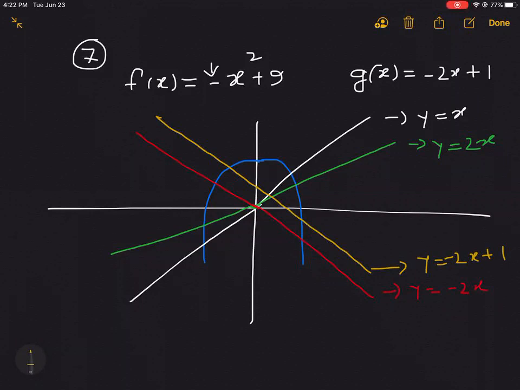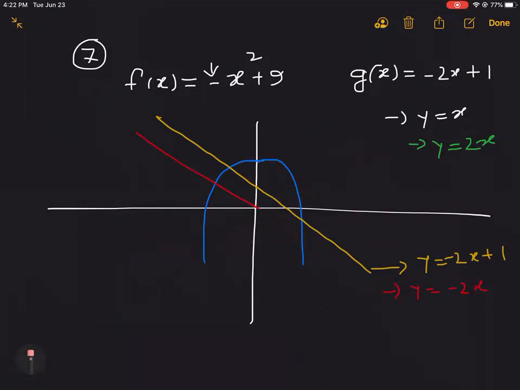And to make things clear, I'll once again remove this other stuff from here apart from the main function, okay? So this will be your graph. And as you can see, let me check which option it is.